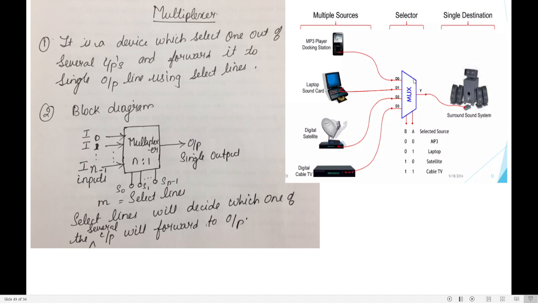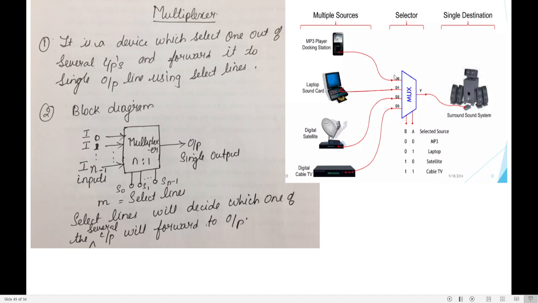See this application of a multiplexer. This multiplexer is connected to 4 inputs. One is connected to an MP3 player, another to a laptop, the third input to a digital satellite, and the fourth input to digital cable TV. What is the job of the multiplexer? It needs to select one of the inputs and forward that selected input to the output.